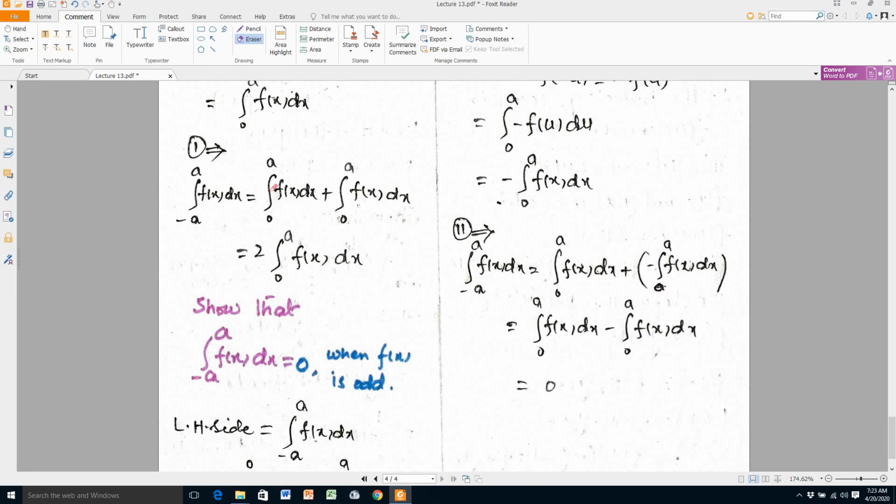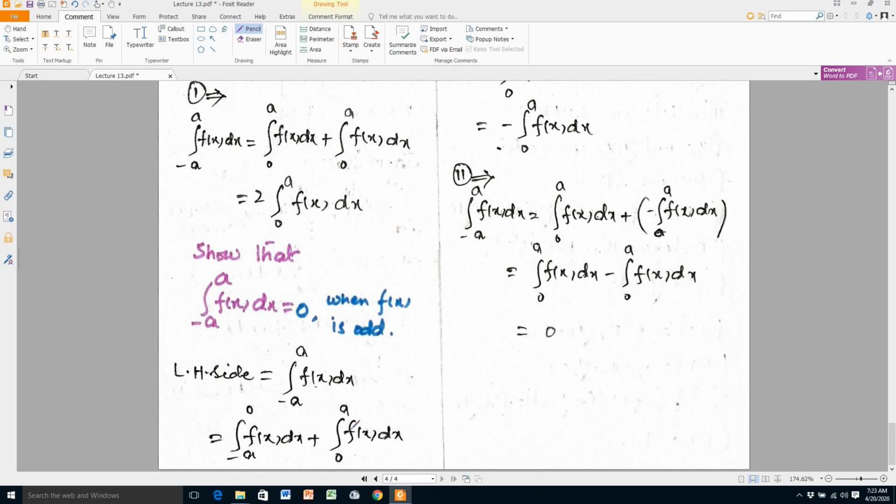Now we take another result in which we show that the integral from minus a to a, f of x dx is equal to 0 when f of x is an odd function. So the left hand side is equal to the integral from minus a to a, f of x dx. I split the integral into from minus a to 0, f of x dx plus from 0 to a, f of x dx.